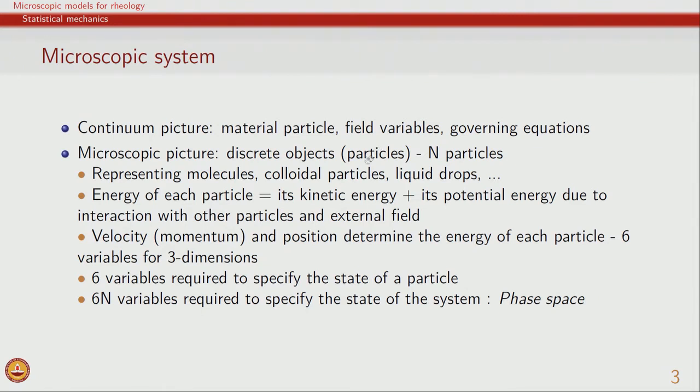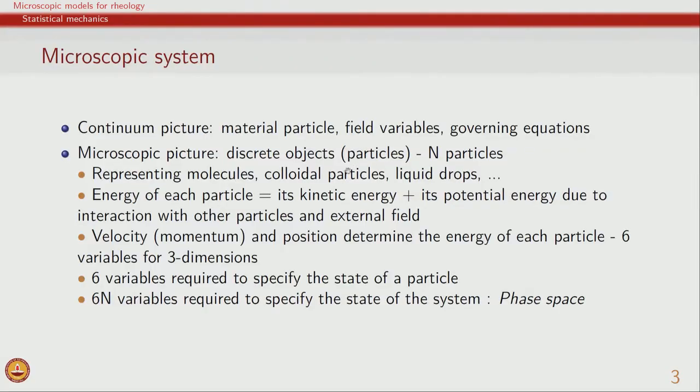For example, the particles could represent atoms, they could represent subatomic particles like electrons and protons, they could also represent molecules, or they could represent the drops and colloidal particles for a multi-phase system. So, particle in this sense is a generic description of the basic building block of matter, and the key idea here is that we have a discrete set of objects.